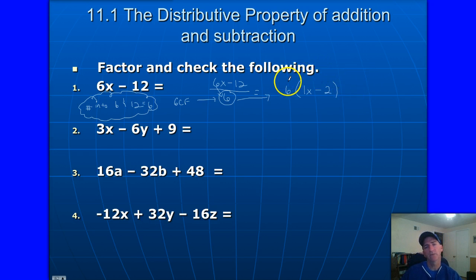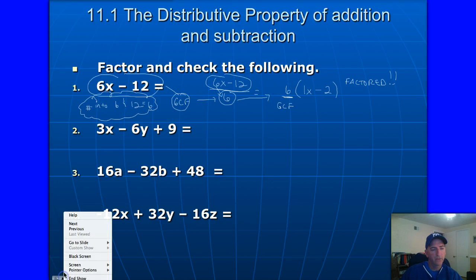So what I have right now is 6 parentheses 1x minus 2, and that's factored form. That basically is my answer here. So what I did was I took this 6x minus 12, found the greatest common factor, put the GCF right here, and then divided it out of the original problem.